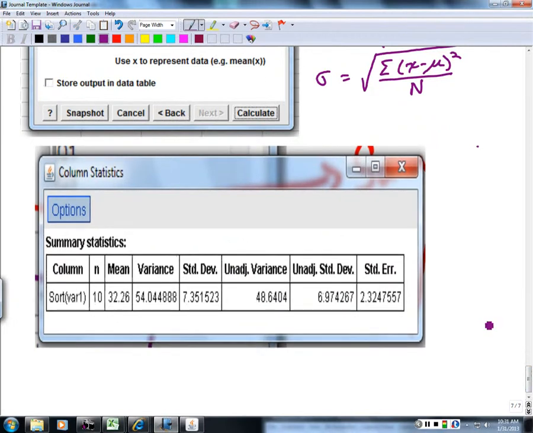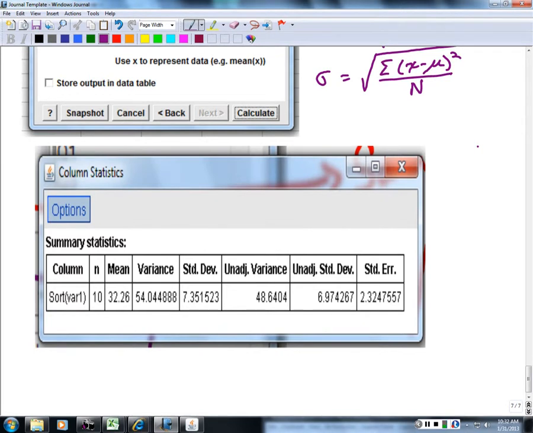Notice that n is going to be exactly the same, whether it's a lowercase or an uppercase n. It's still only going to be 10 data values. The mean's not going to change either, right? Here's the variance for the sample, and here's the variance for the population. That's not a huge difference, but it is a difference. And this is lower because I'm dividing by a larger number.